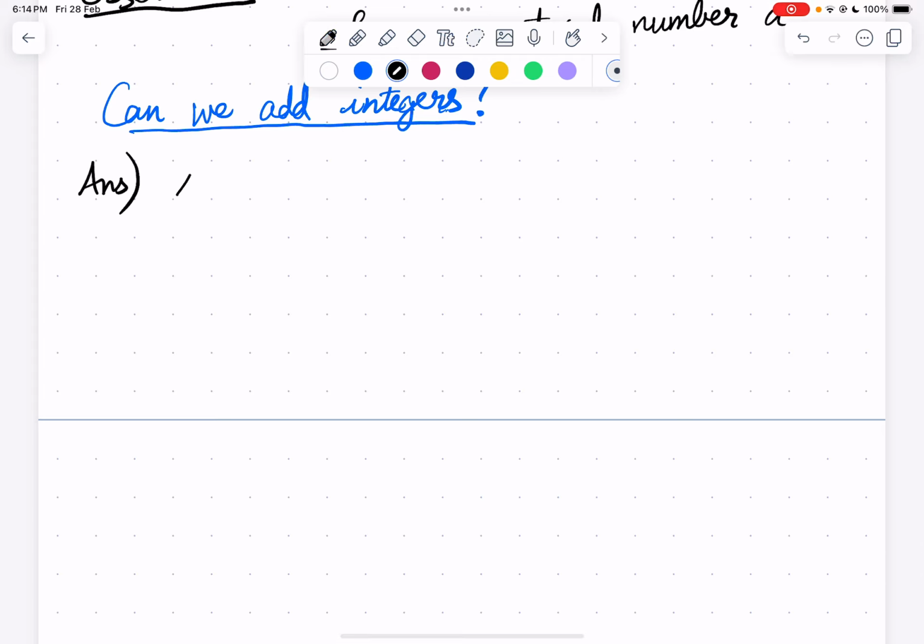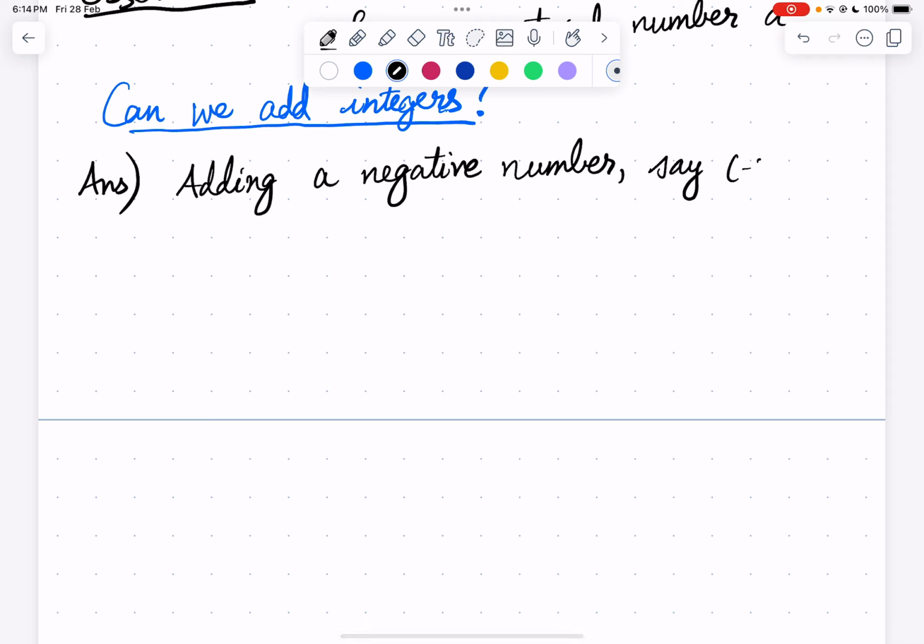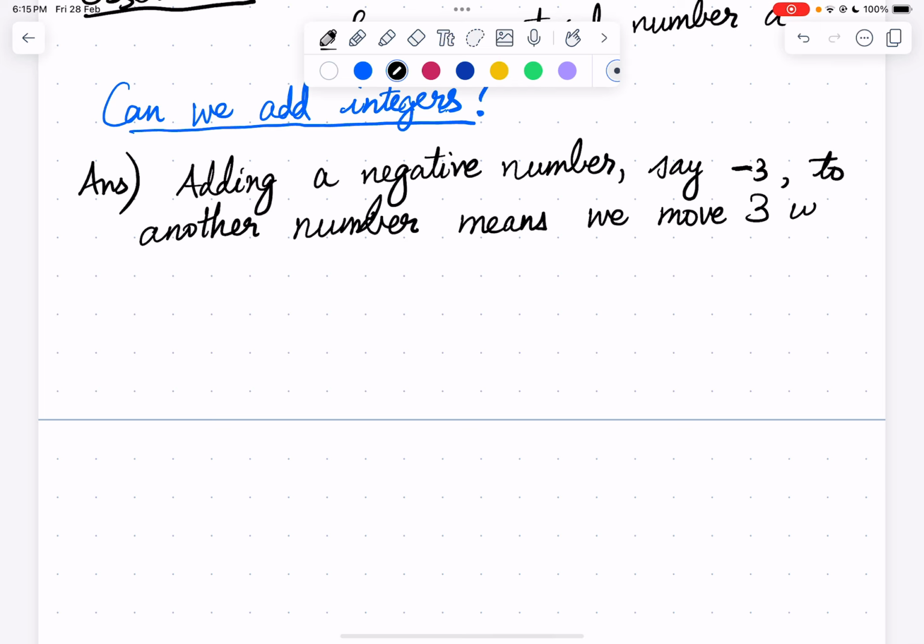So adding a negative number, say -3, to another number, means we move 3 units to the left of the other number.